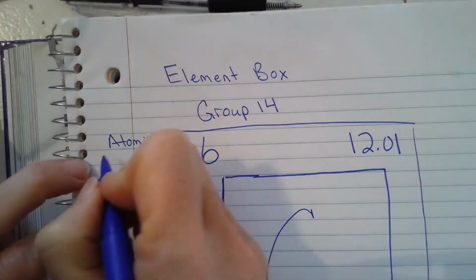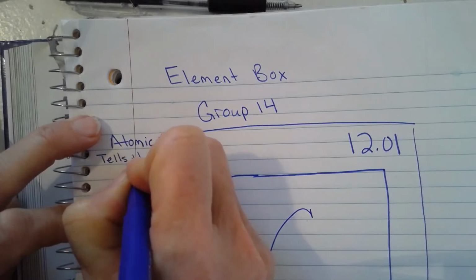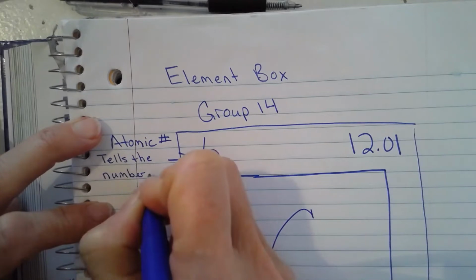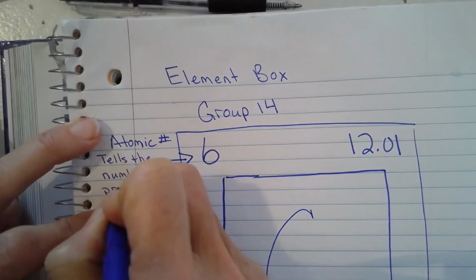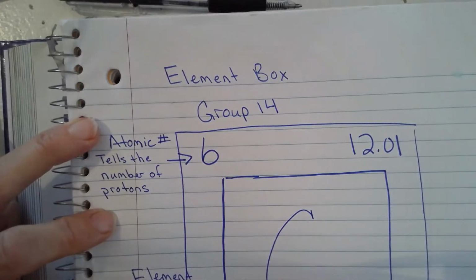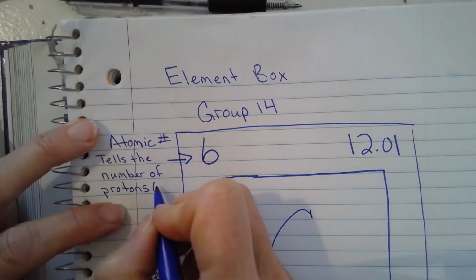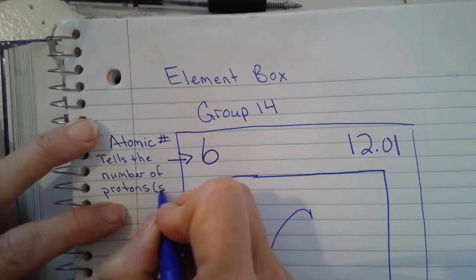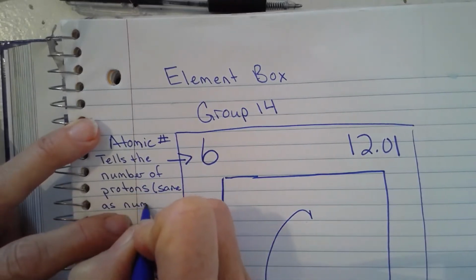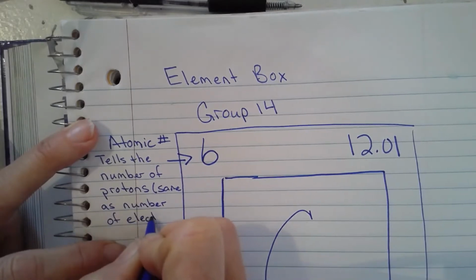The atomic number tells the number of protons, which happens to be the same as the number of electrons.